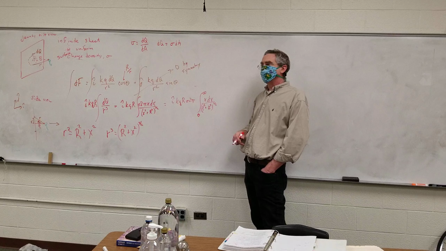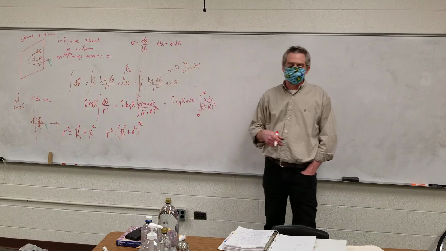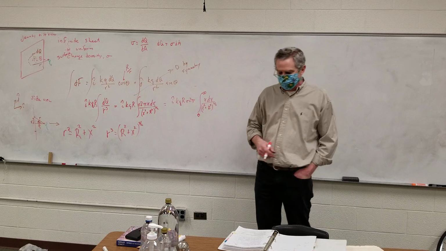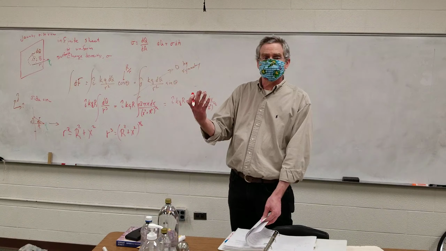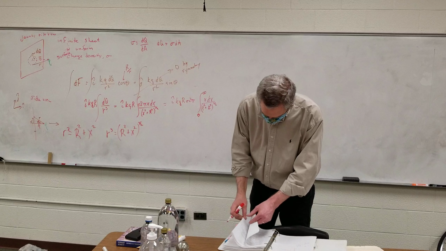The one over 2x will take care of that x. Yes, it will. But it is on a sheet. It depends on which way you want to go about it. Math or sheet? Sheet. All right.